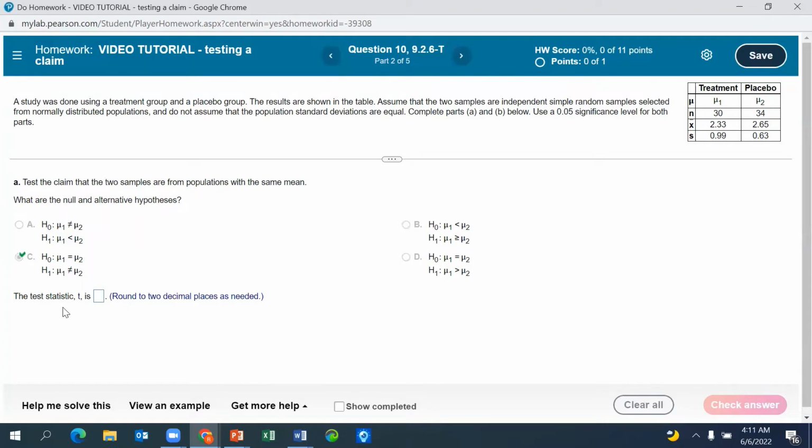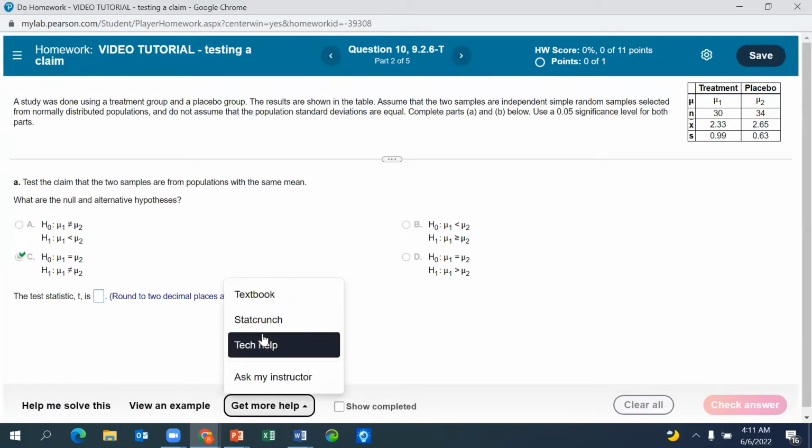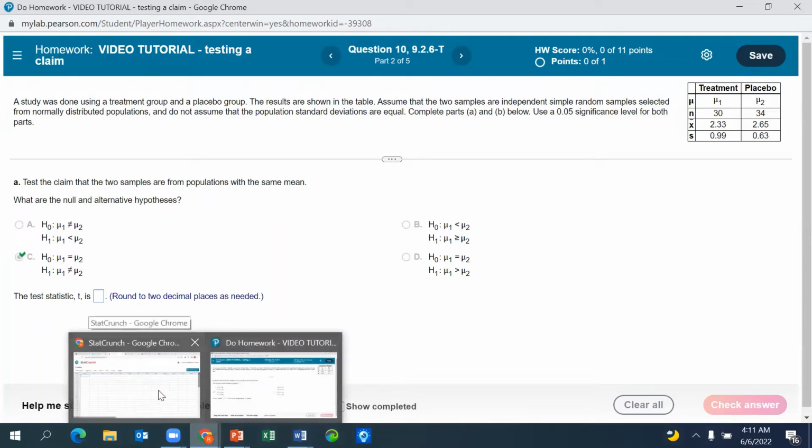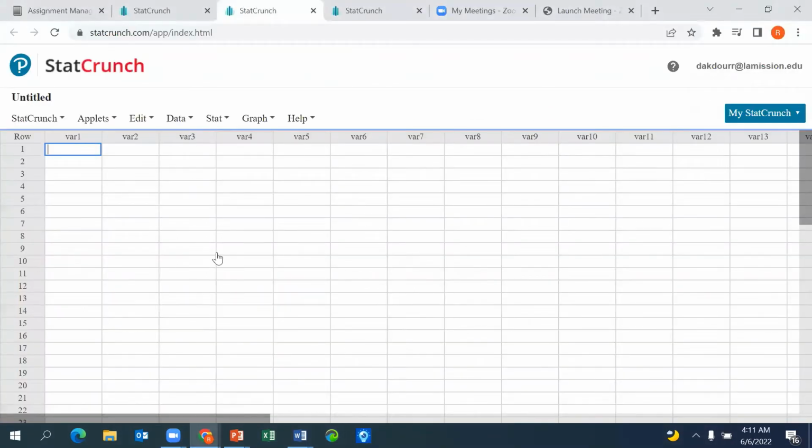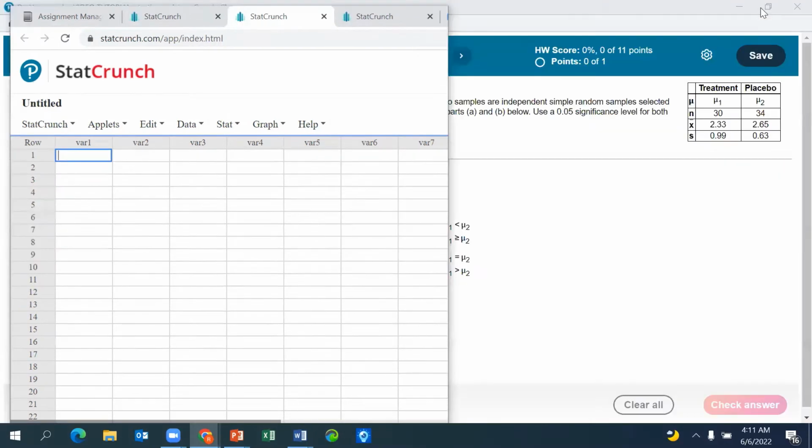Next, they want us to find the test statistic T. Now, to find the test statistic T, you can use a graphing calculator or StatCrunch. If you click here on Get More Help, you'll be able to open up StatCrunch. I already have a StatCrunch page open, so I'm going to go ahead and use that in order to find the test statistic.